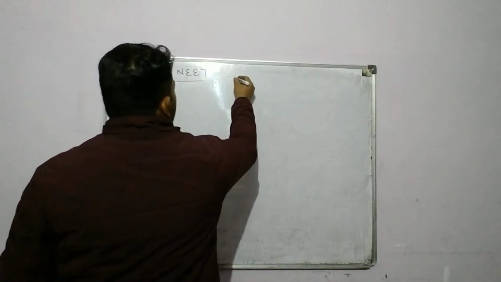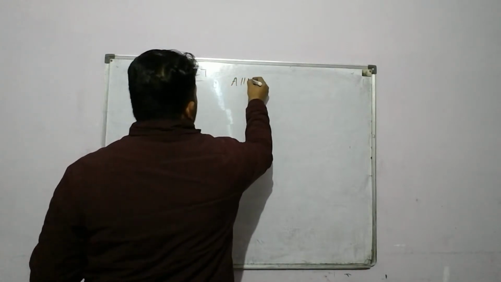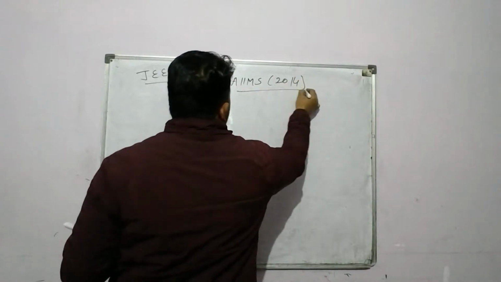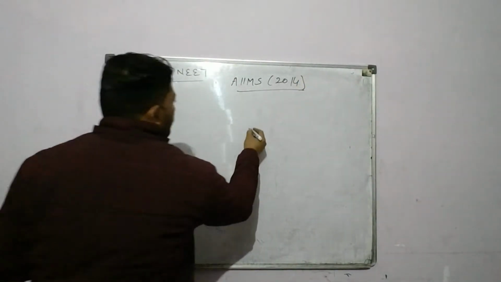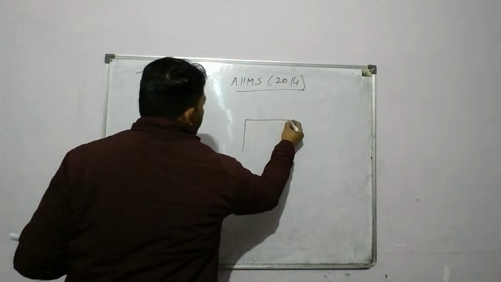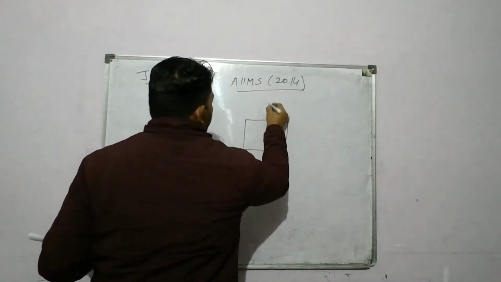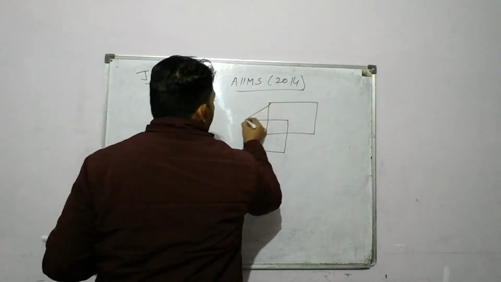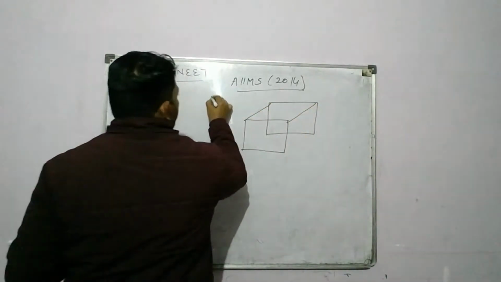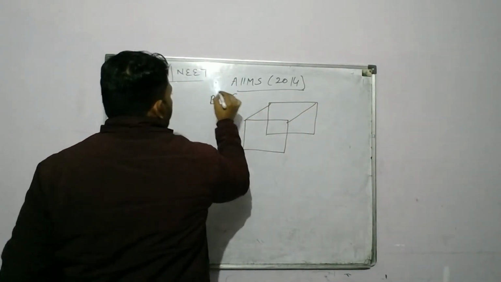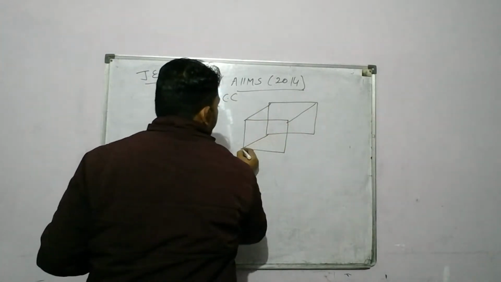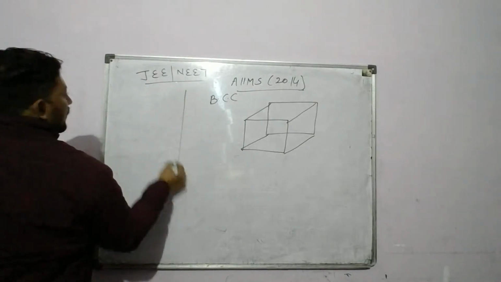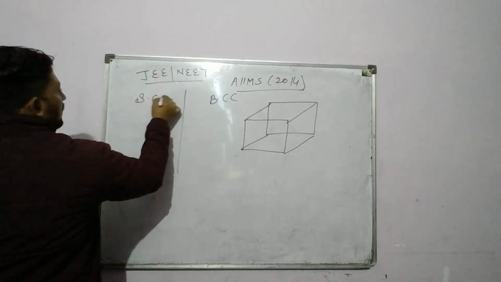This question is AIIMS 2014. Meaning BCC. First of all, understand there is one simple cubic crystal.